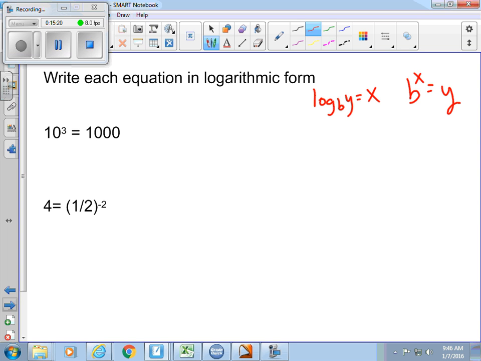So, what is the base here? 10. So this is log base 10. The exponent is what the logarithm equals, right? So log base 10 of 1,000 equals 3.